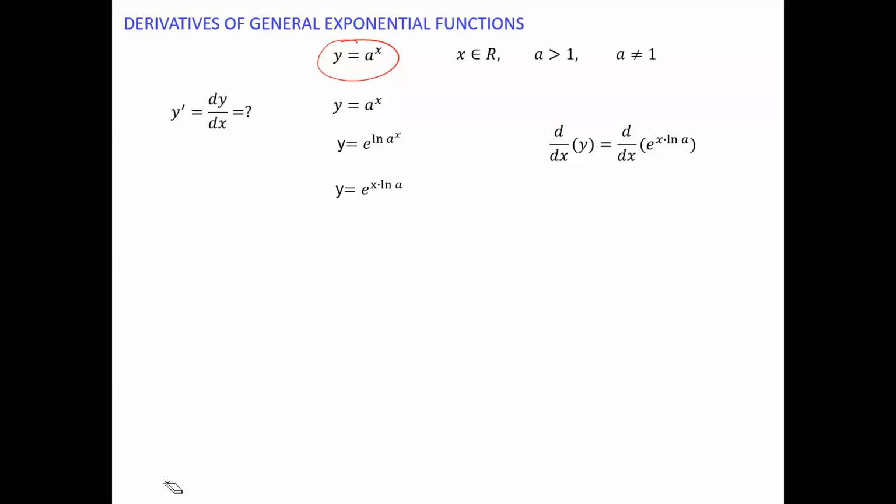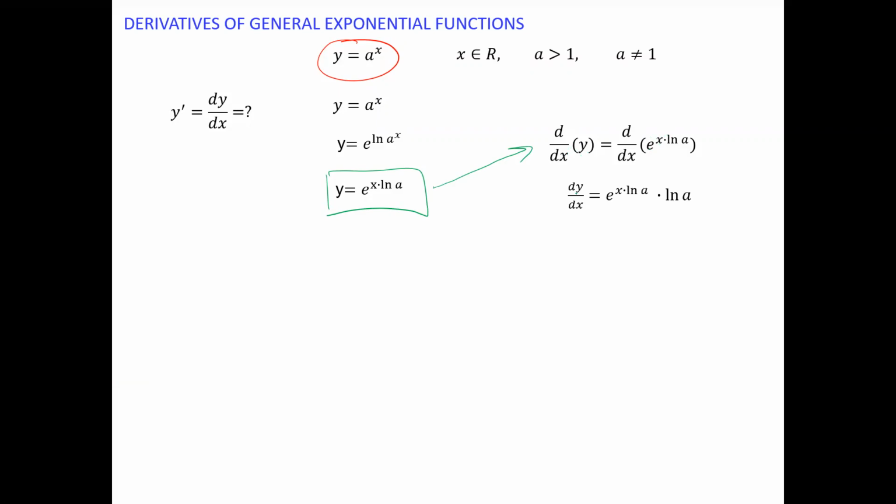Now I will take this equation like it is. Okay, it's not necessarily implicit because y is isolated on one side, but I will differentiate y and I will differentiate the right-hand side. Derivative of y, of course, is y prime or dy dx, depending on what notation we prefer.